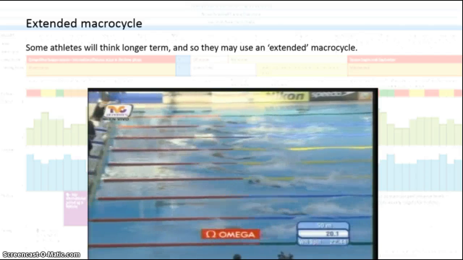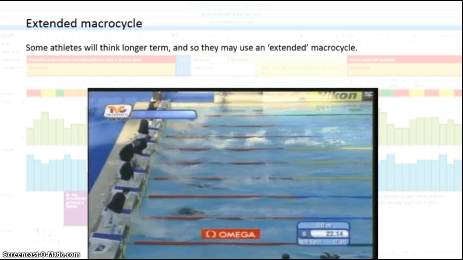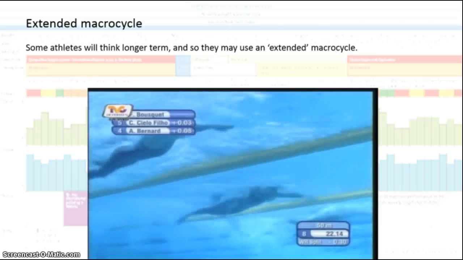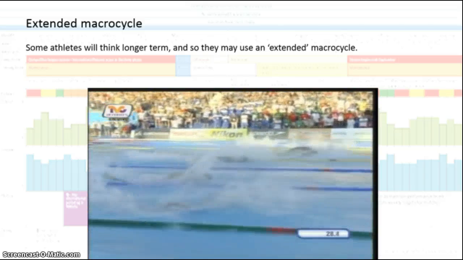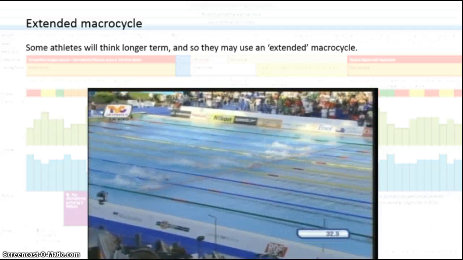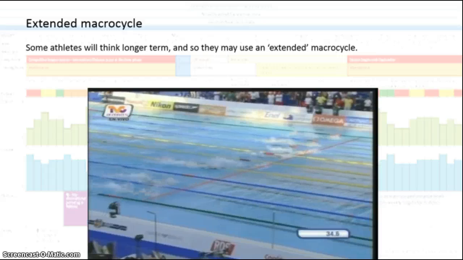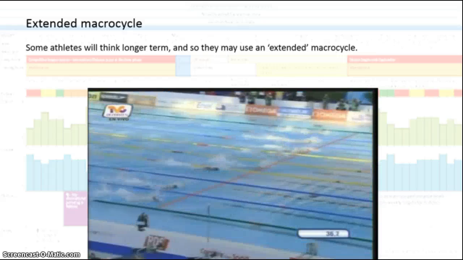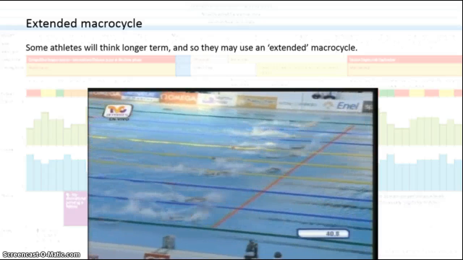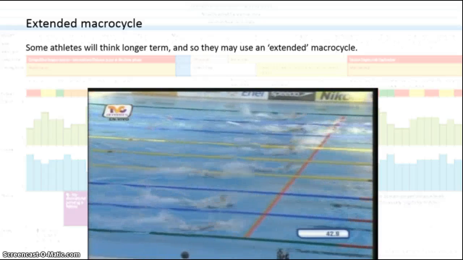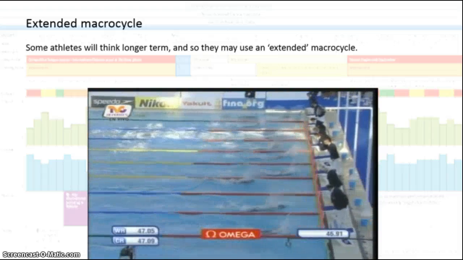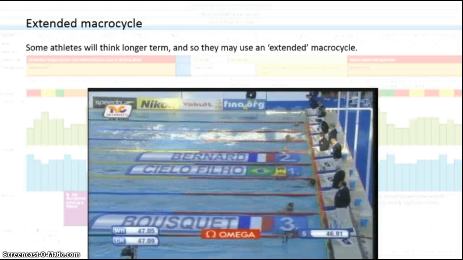In the third macrocycle, the athlete might begin to work on their speed and power and increase their competition load while maintaining flexibility and technique. During the fourth macrocycle, a large emphasis will be on power, competition, and technique, becoming more specific towards their event. All this would be considered an extended macrocycle.